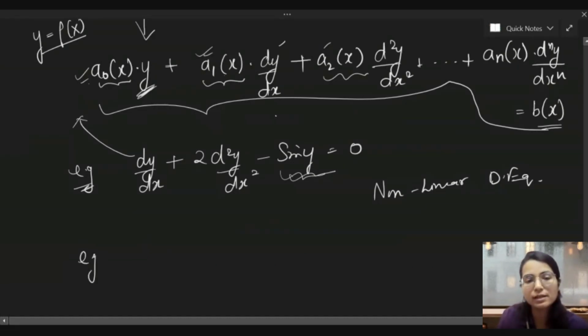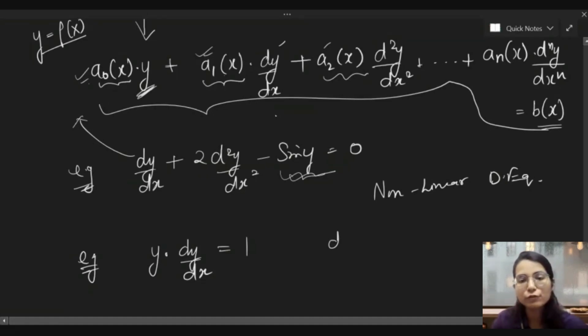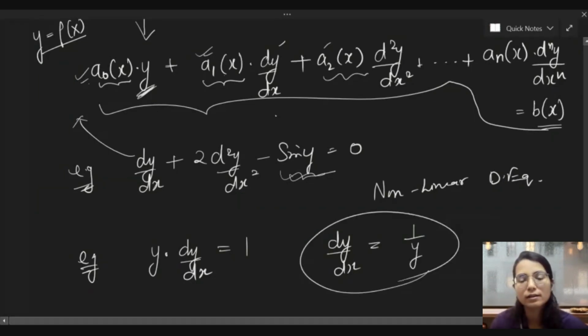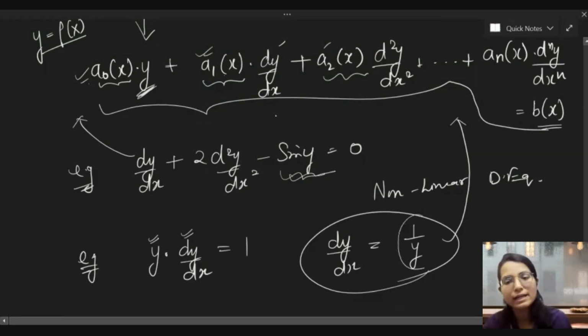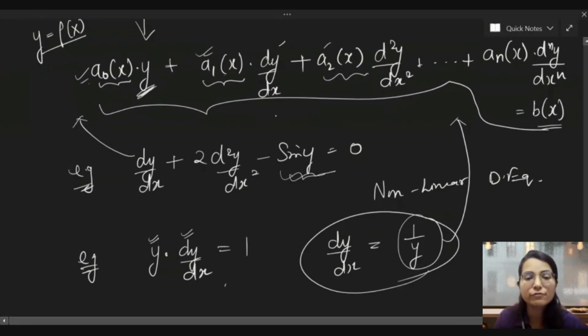For example, if I write the equation y into dy by dx equals 1, even if you try to make it into the above form, you will get 1 over y. But that is not comparable with the above form, because y and its derivative are multiplied. So 1 by y can't be compared with the above form. So this is a non-linear differential equation.